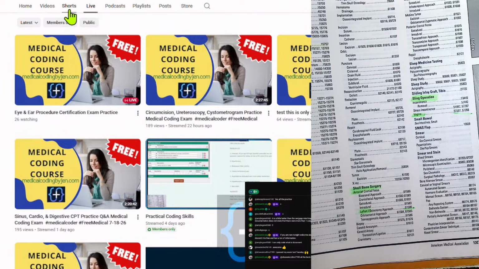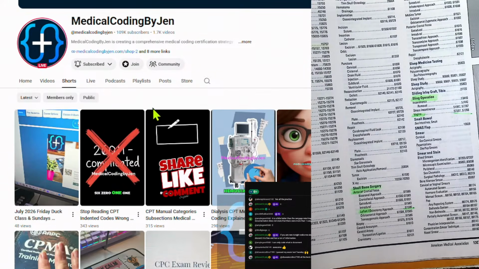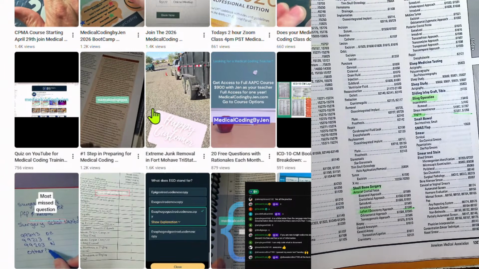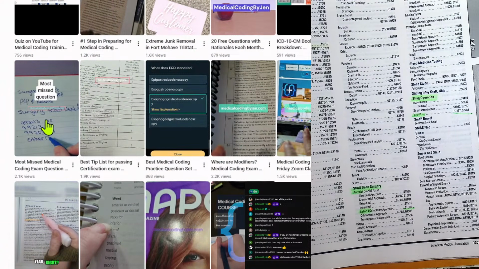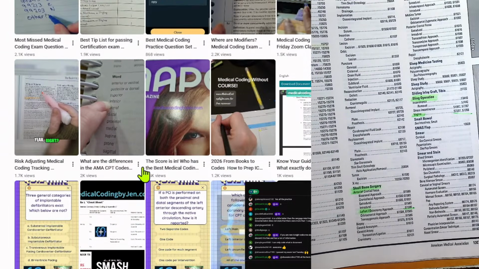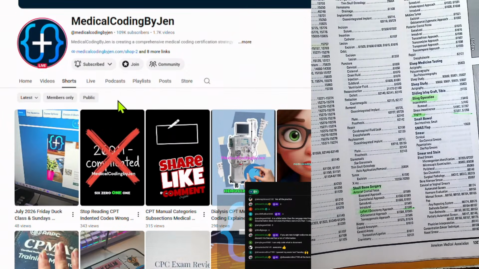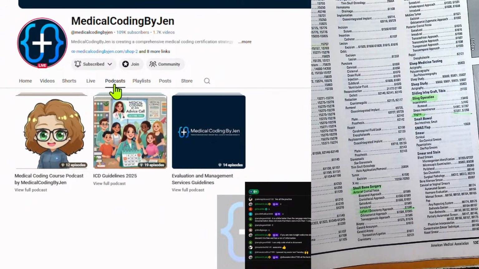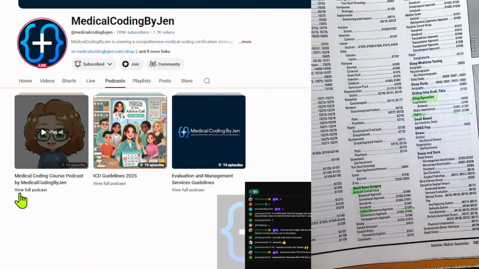If you go to the shorts tab, these are just 1-minute practice questions, right? If I'm doing a quick, here's how you do this question, that's underneath the shorts tab. If you go to the podcast, you have to be a member of the $5 a month YouTube membership to get this, but instead of just clicking on the pictures, I have down here at the very bottom where it says view full podcast.